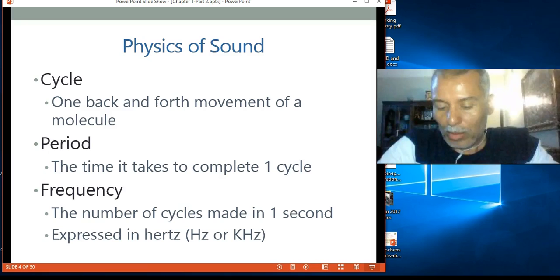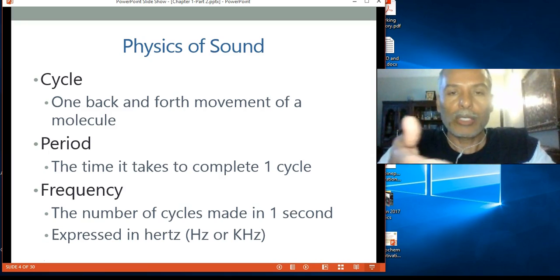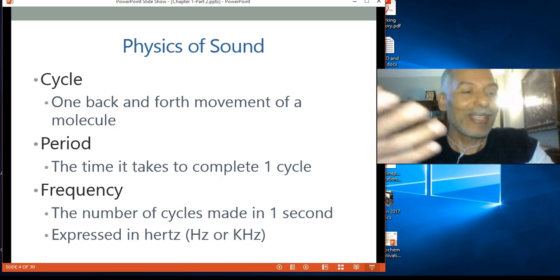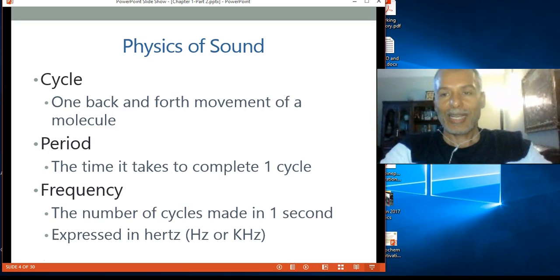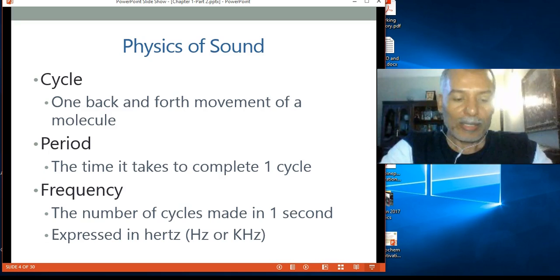Frequency now, all of us kind of use this concept on a daily basis without saying, oh, we're studying sound. Frequency means how frequently something happens. For example, think about yourself. How frequently do you go to the movies?